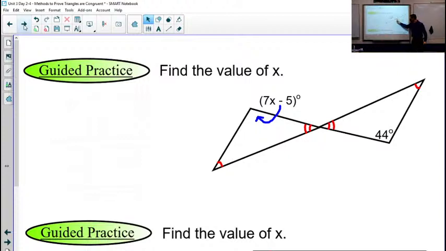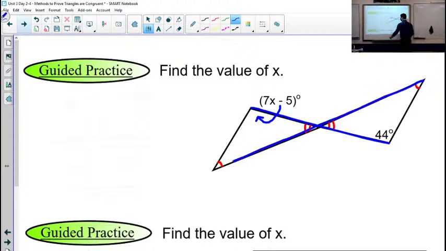I can guarantee you that these two angles are together. Hey, those lines are intersecting. These angles are across from each other. I had a name from chapter 1. These are vertical angles. So these angles have to be congruent. Which leaves only one choice for the third pair of angles that line up.